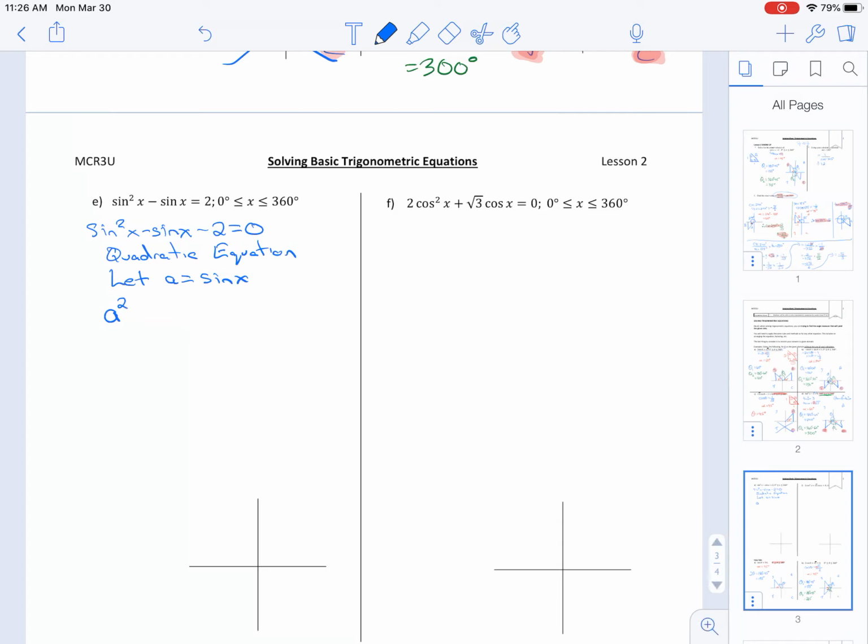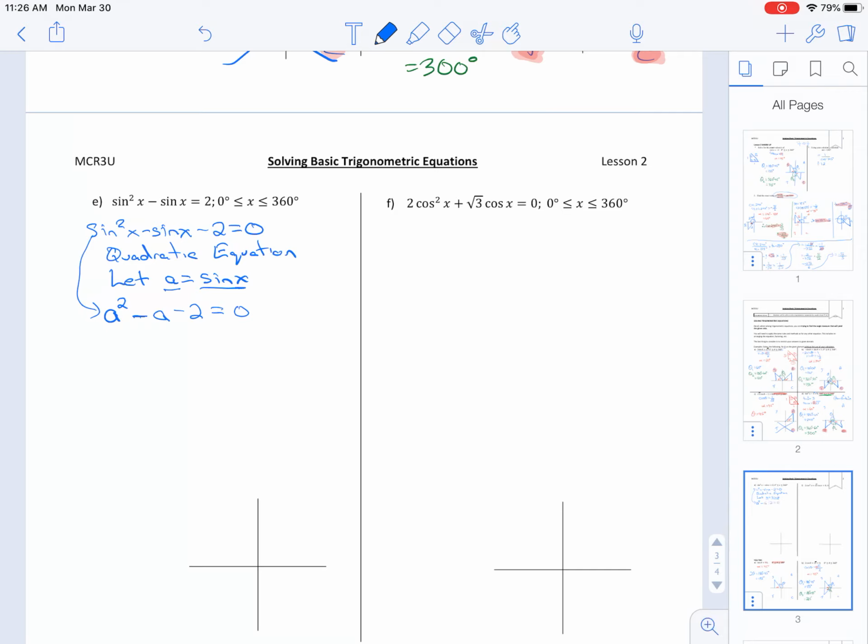So A squared, I have no x because I've let A represent not just sine, but sine x. So this becomes this, and then I've got minus sine x, well, that's just A minus 2 equals 0.